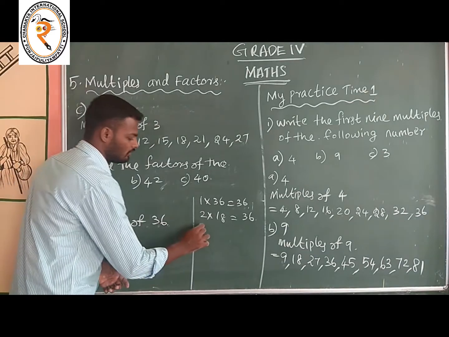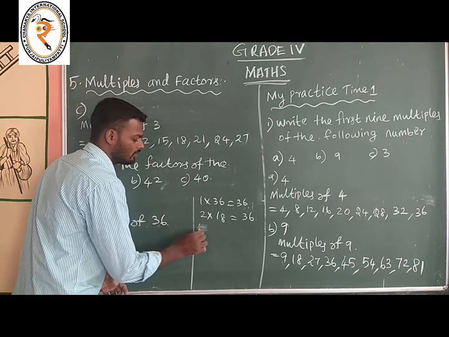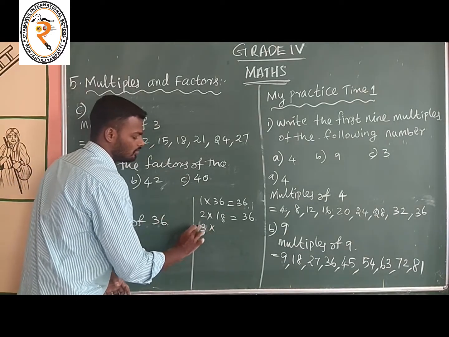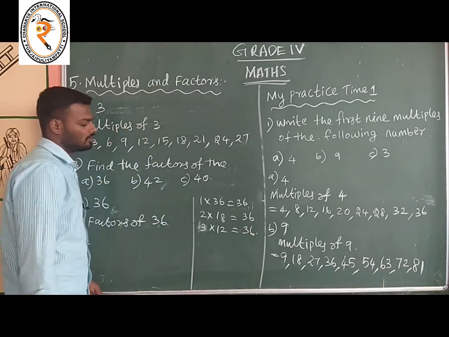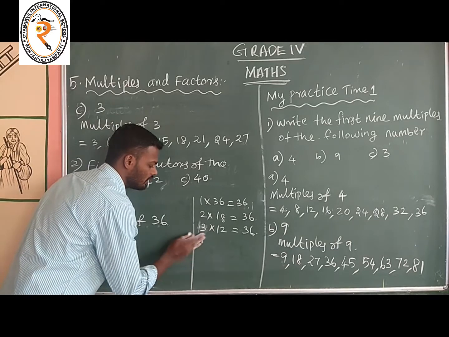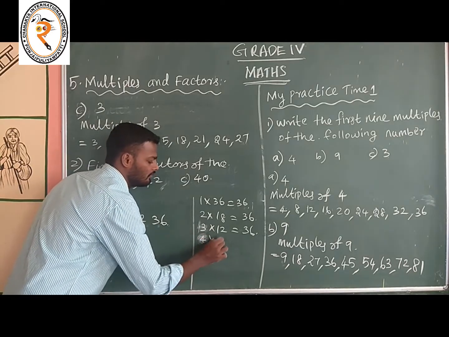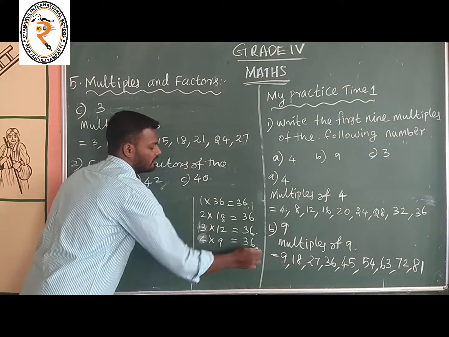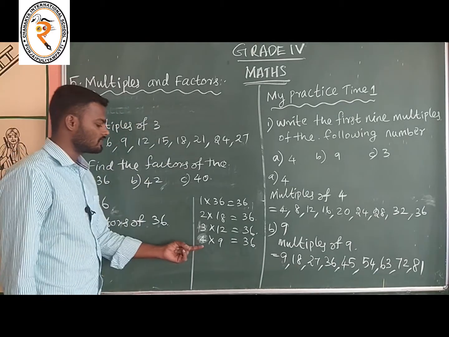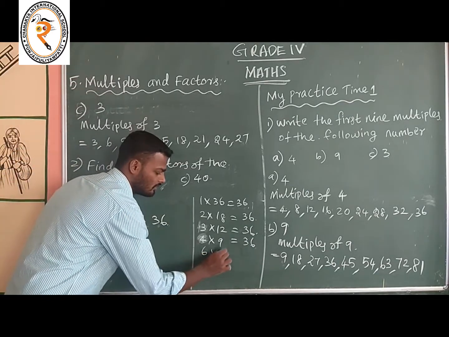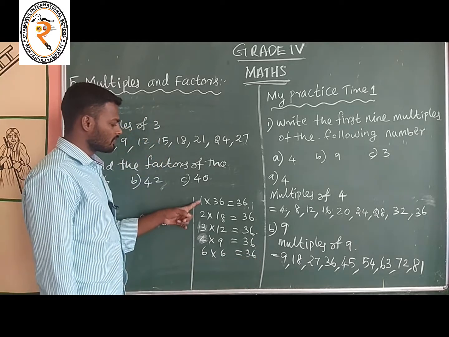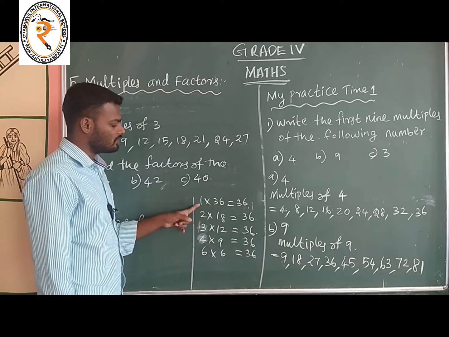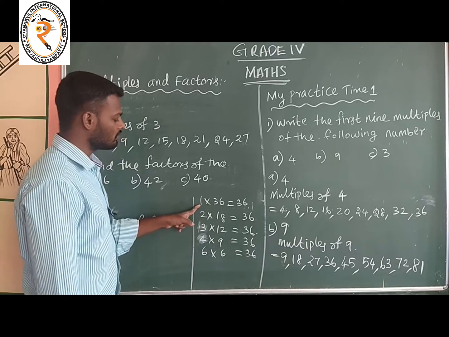And the third table, 12 into 3 is equal to 36. And the fourth table, 9 fours are 36. Fifth table, 36 does not come. Sixth table, 6 6s are 36. Seventh table, 36 does not come, and the eighth table also does not come.